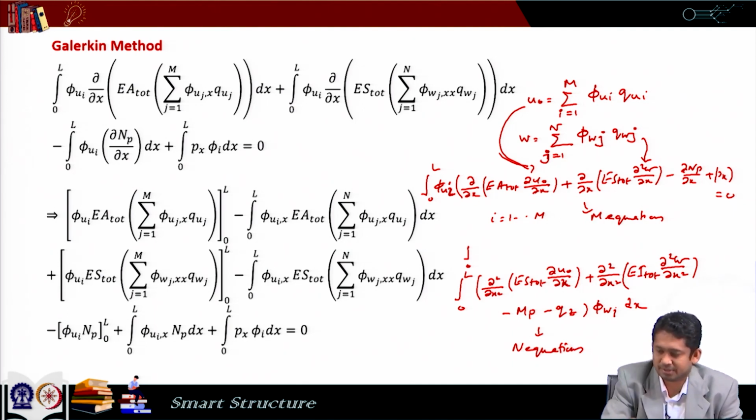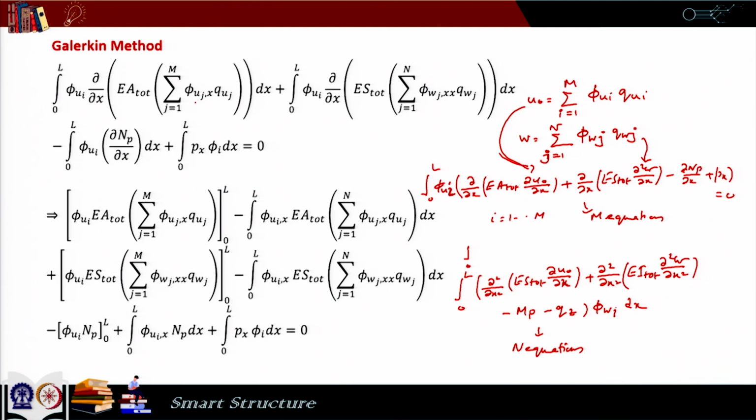So, this is written here. It is multiplied with phi u i and all these u0's and w's are replaced with their approximations. In the previous case, we did not shift the derivatives. Here we can see that phi u j is differentiated twice. I have a differentiation here, I have a differentiation here. Comma x means differentiation with respect to x.